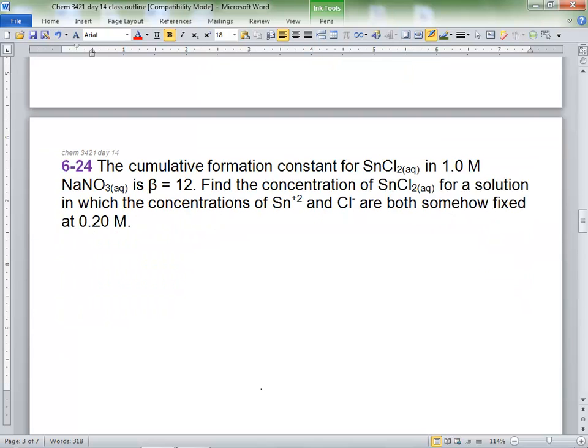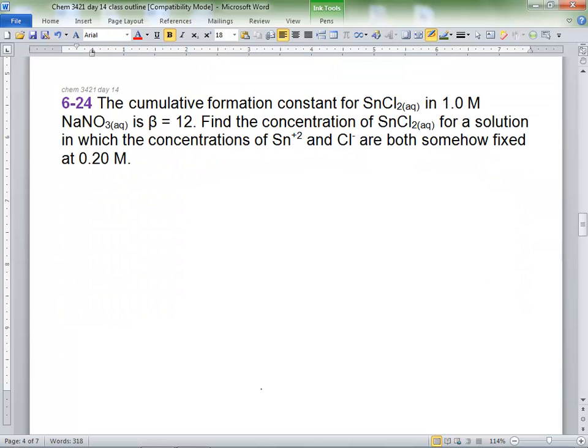Okay. So let's try one of these. It's just that they get wordy. That's why these problems get ugly. But if you could just write down, get to the math and the nitty-gritty, it's not that bad. The cumulative formation constant for tin 2 chloride in 1 molar sodium nitrate is 12.